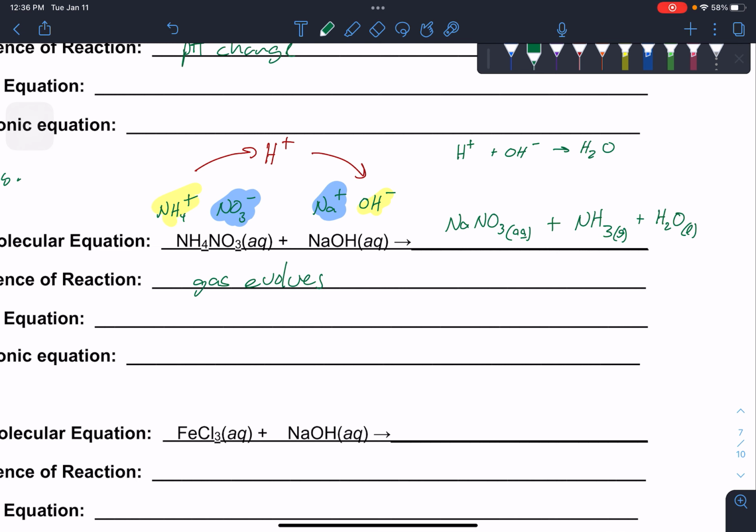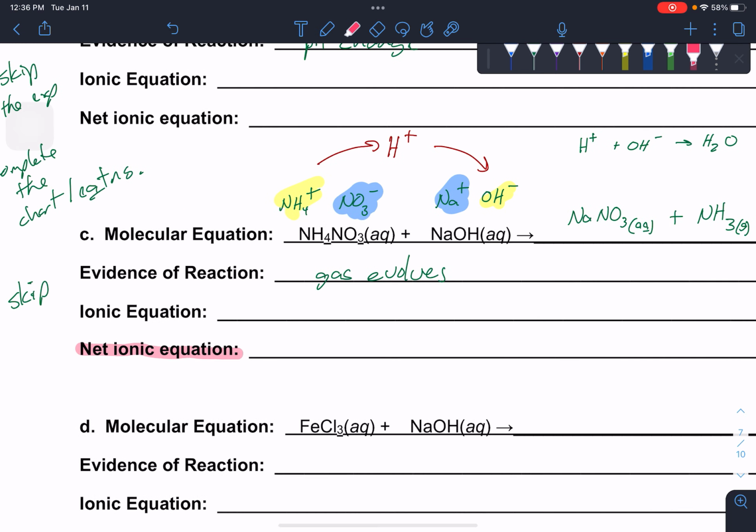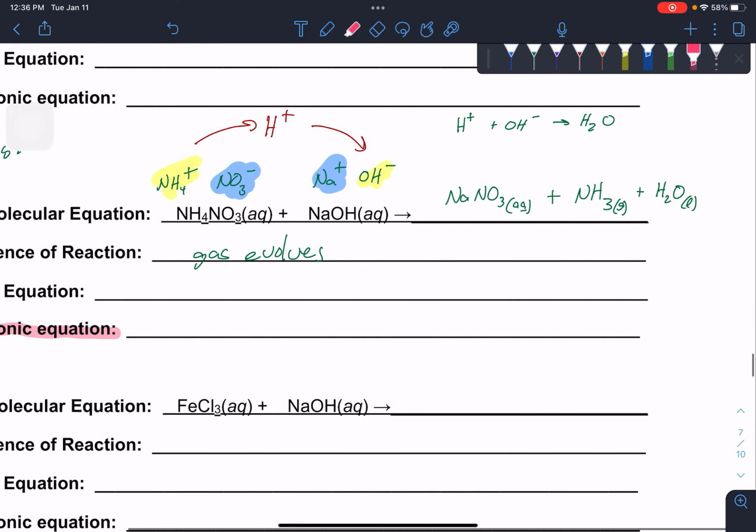And then just a similar kind of thing. If we want to talk about the net ionic equation, right? That's the chemistry that's happening. Sodium and nitrate don't change in this reaction.